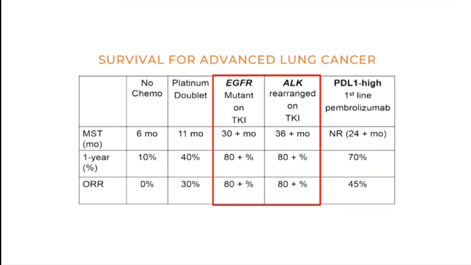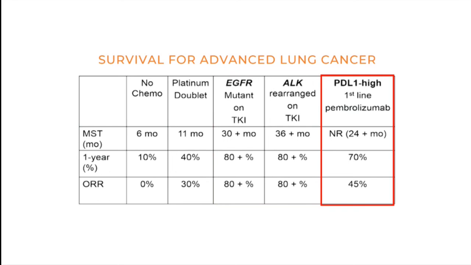Triple the survival. And the chances of being alive at 1 year is in excess of 80%, 85%, almost 90%. And then with the use of immunotherapy, the chances of being alive at 1 year are more than 70, 80%. And the median survival is in excess of 24 months, 30 months in some folks.